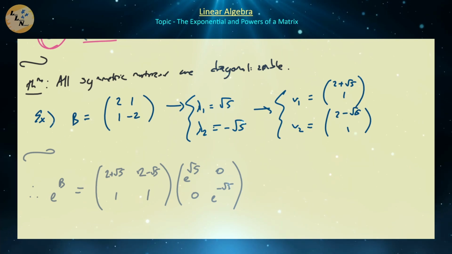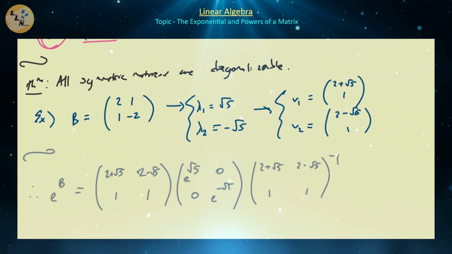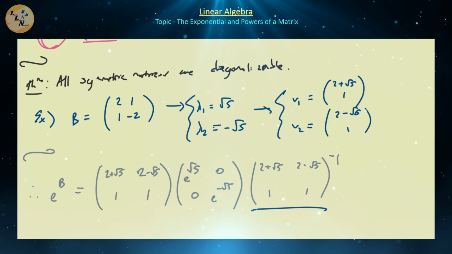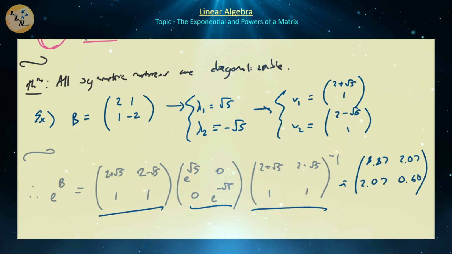And then the inverse of that eigenvector matrix. Once you find the inverse, not quite the most beautiful thing, and multiply that all together, you're going to have the matrix [8.87, 2.07; 2.07, 0.60]. Now, one important thing to notice is that this matrix is also symmetric.